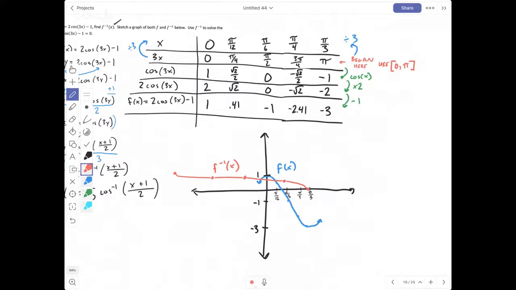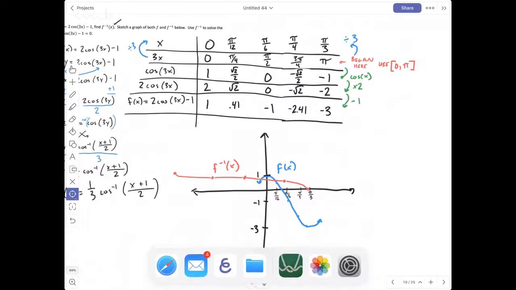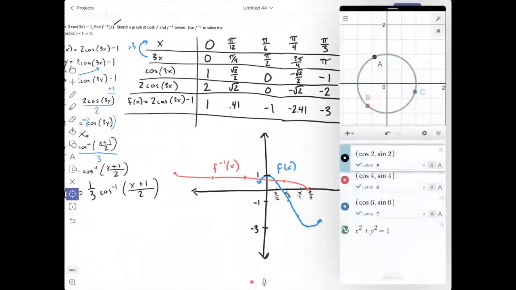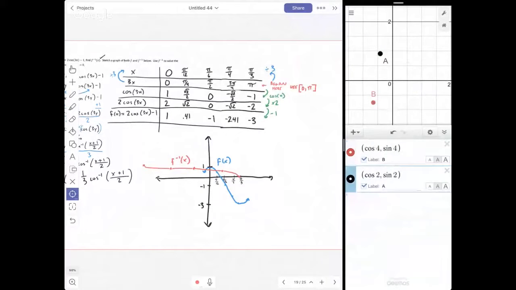And it's too bad that I made the x-axis scale different than the y-axis scale because it means these two functions don't really look very nice. So let me pull it up in Desmos just so we can see what it kind of ought to look like a little better. Because it would be nice if we could see the relationship between inverse functions clearly.